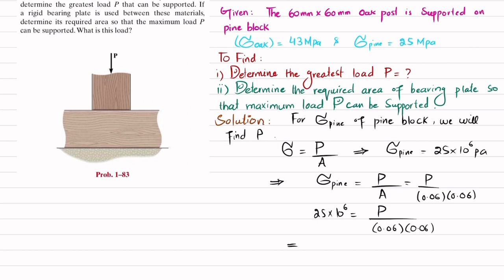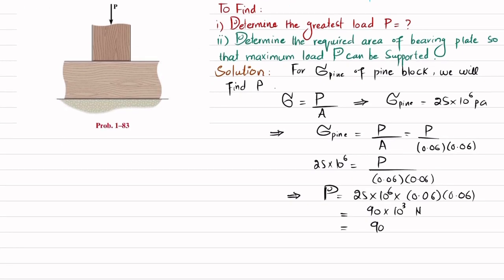From here, P will be equal to 25 into 10 to the power 6 multiplied by 0.06 into 0.06. When you multiply this, you will get 90 into 10 to the power 3 Newton, and in kilonewton it will be 90 kilonewton.